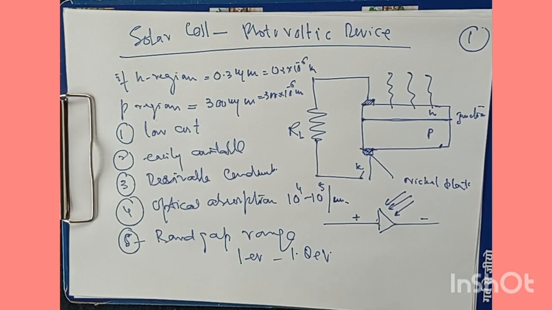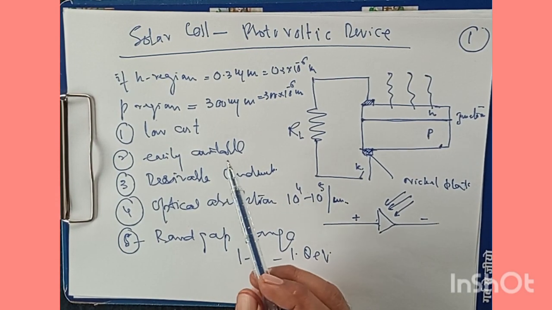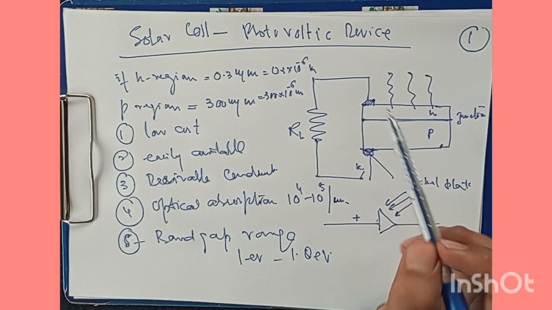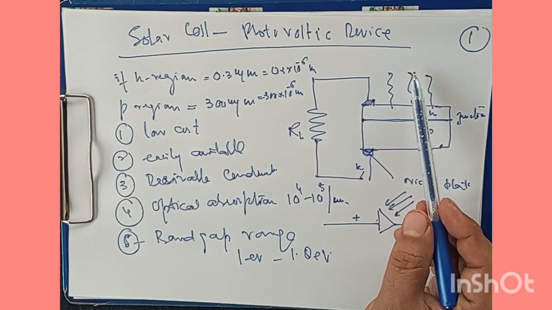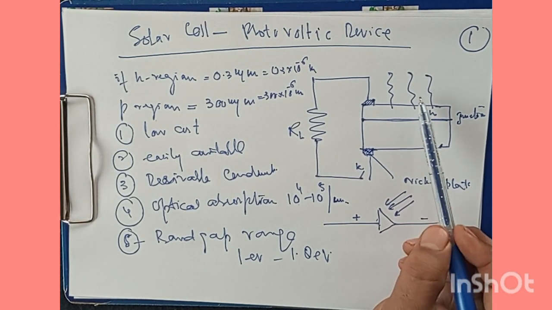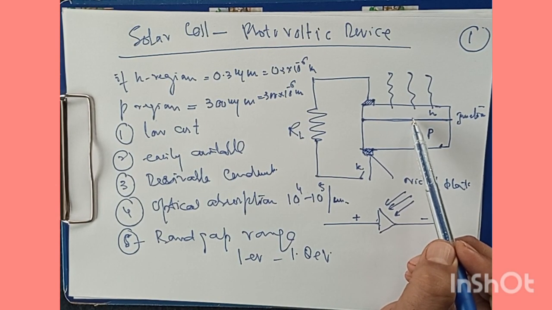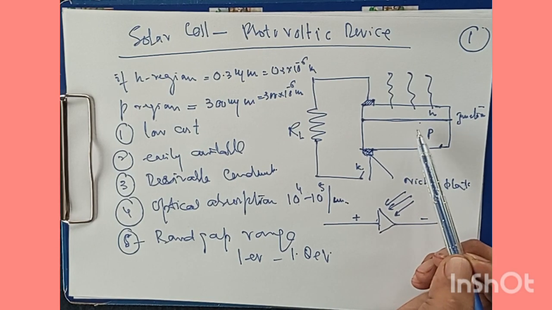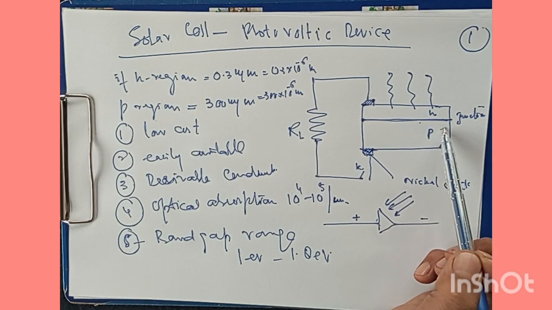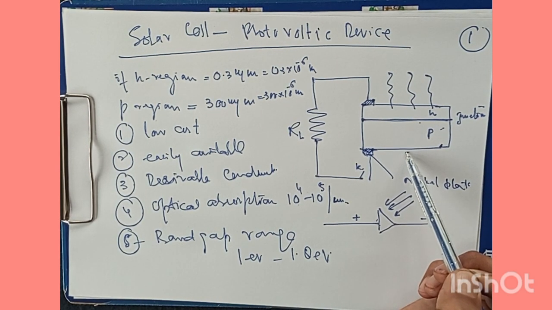Now, talking about the action of this solar cell, how does the action take place? What happens basically when solar energy or light energy falls on the solar cell is that we have electron hole pairs, and these electron hole pairs are generated in both N region as well as P region of the junction diode.